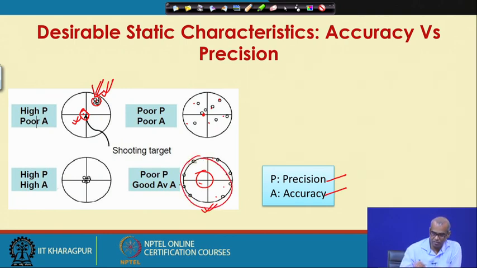So, some kind of average accuracy is there, but poor precision.